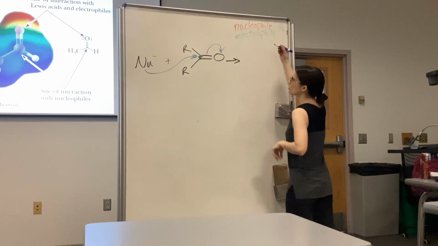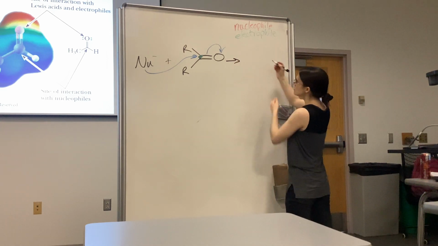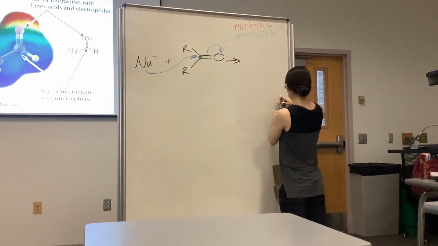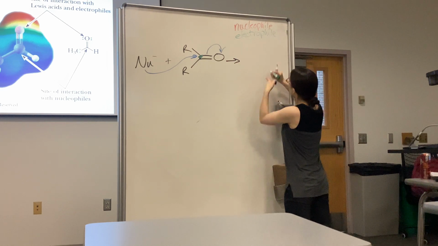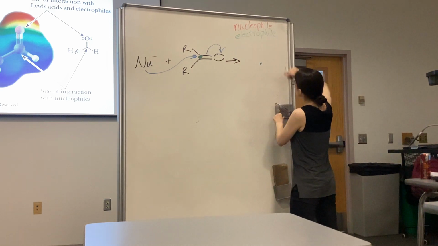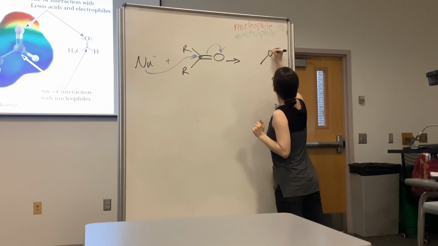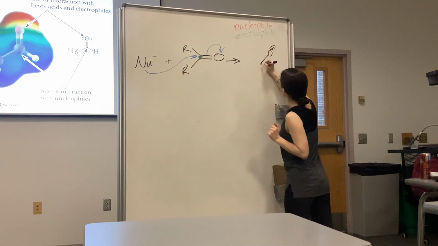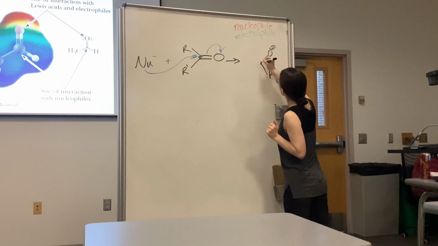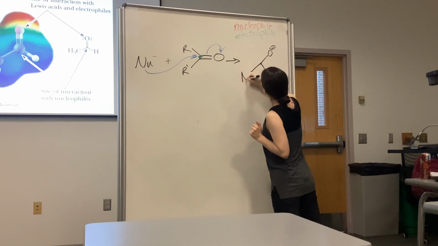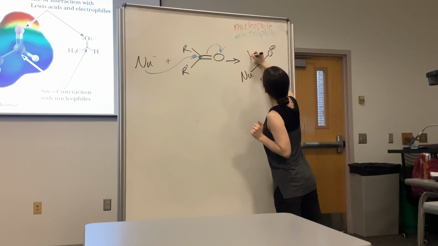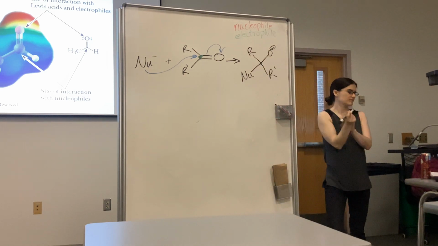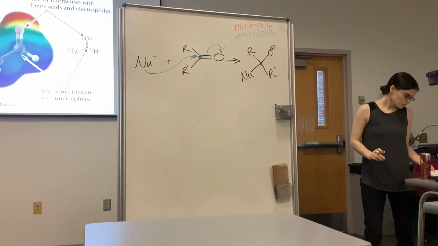So, our product is going to be, let's do, there's our carbon, we've got that, one of those is our R prime, nucleophile, and R. Now we've got this going on.